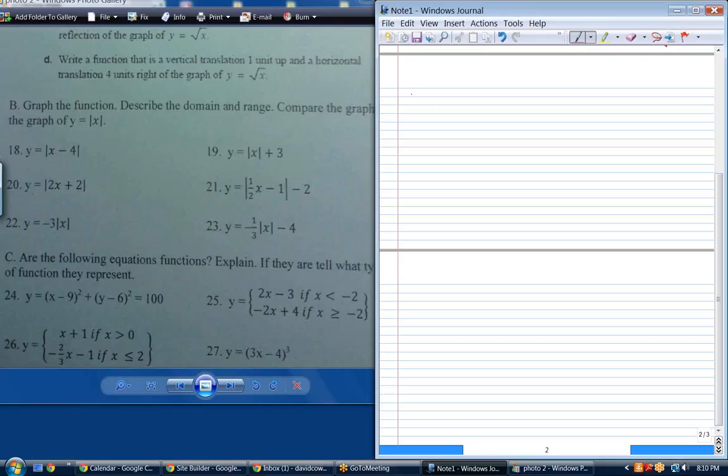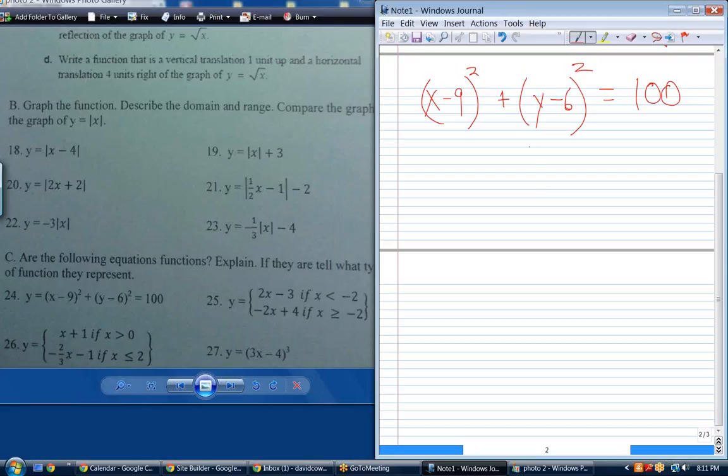Maybe they did, but I don't think so. I think what they meant was this. This is the equation of something unique. And you can answer whether it's a function or not by knowing what this is.